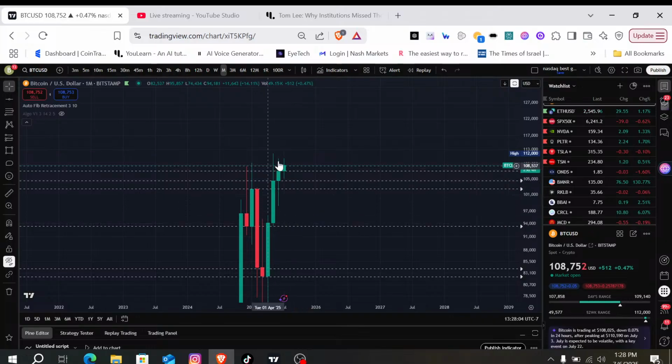You're going to see something, whether it be a tariff or a war, because Bitcoin is synchronized with the S&P 500. It used to be decentralized, not anymore. If you put the S&P and Bitcoin or Ethereum together, you're going to see the similarities and the synchronicity.